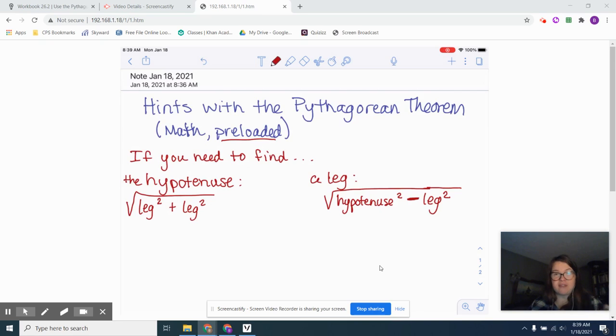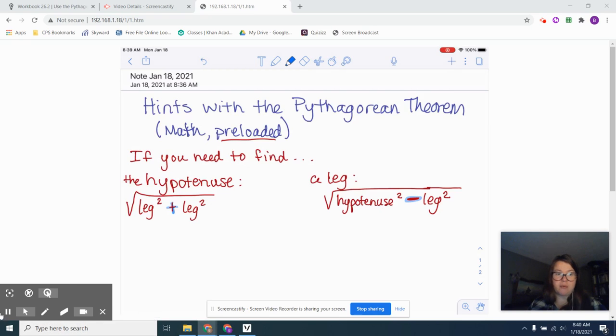If you are supposed to find a leg, one of the sides attached to the right angle, then you do the hypotenuse squared minus, and this is the big thing with this one, minus the leg squared. So if you're trying to find the hypotenuse, you add the legs. If you're trying to find a leg, you do hypotenuse squared minus the leg squared. So this makes life a lot easier with this stuff.